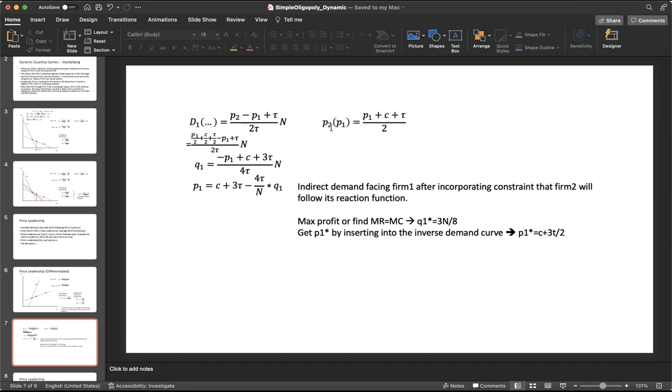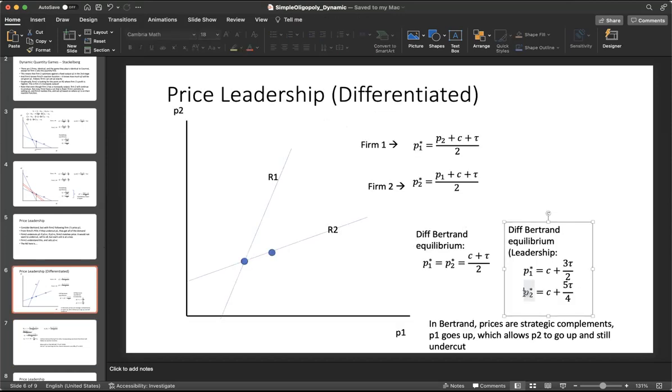You plug it into your constraint, which is firm 2's reaction function. Remember, once you know P1, you know what P2 is based on this. And that will give you P2 equals 5T over 4.